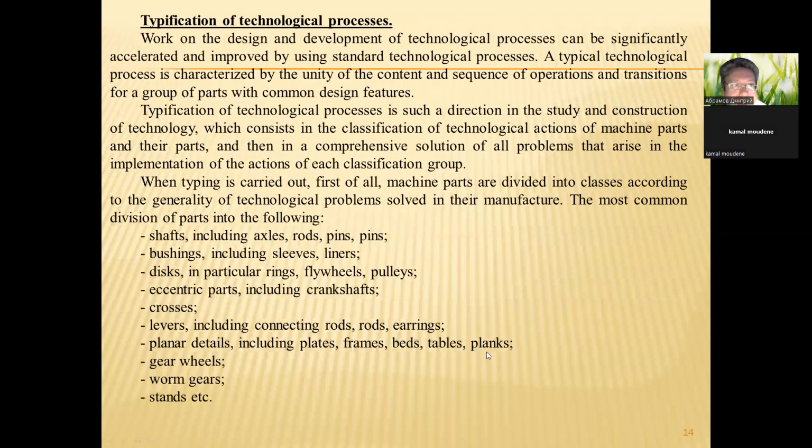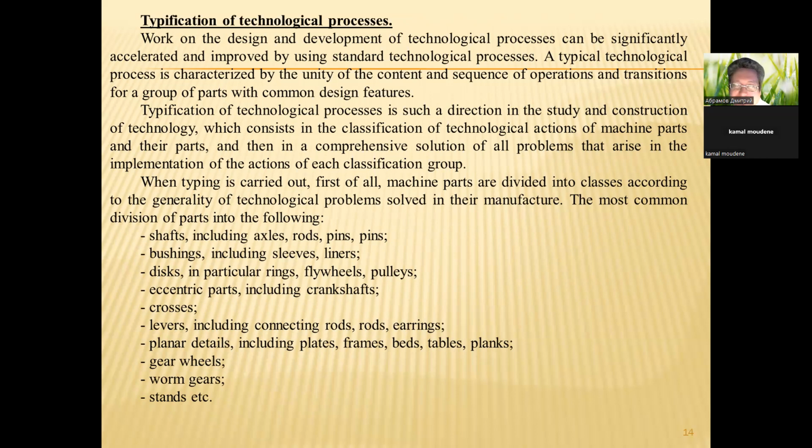Typification of technological processes. Work on the design and development of technological processes can be significantly accelerated and improved by using standard technological processes.